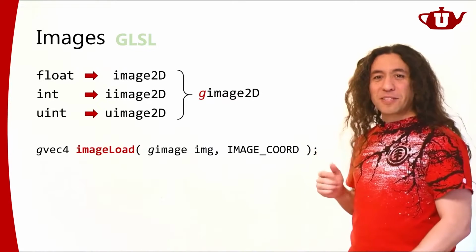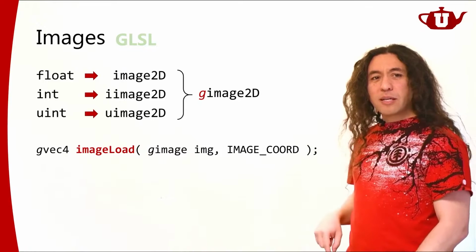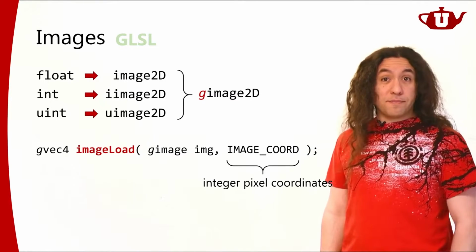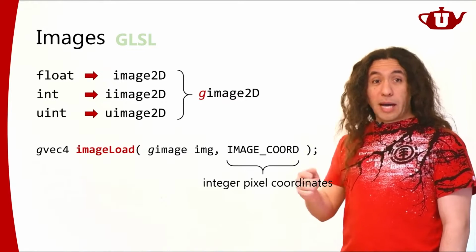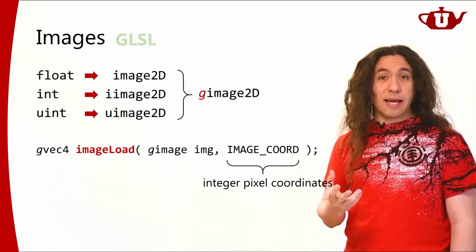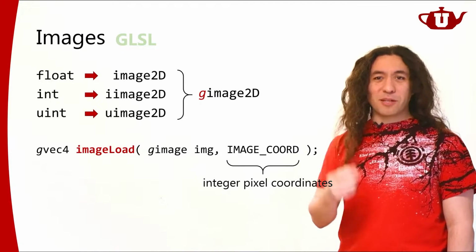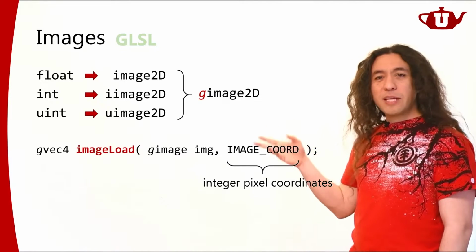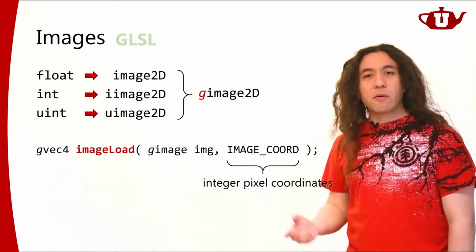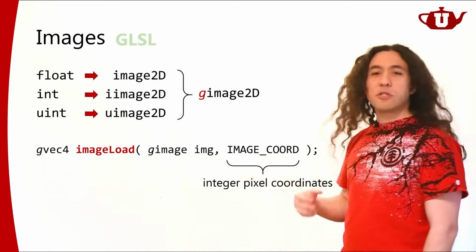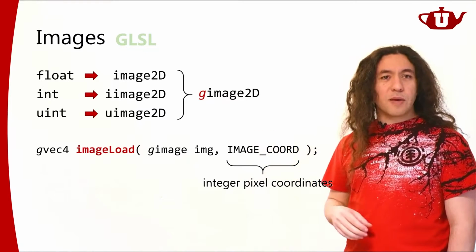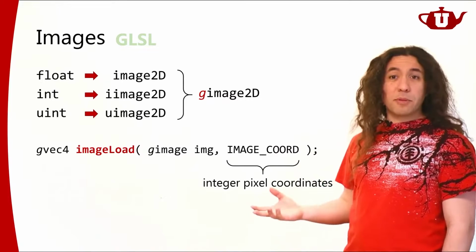So this image coordinate is going to be an integer pixel coordinate. I just basically say, I want this pixel, and I get that pixel. You just read a particular pixel. If it's a 2D image, you provide a 2D coordinate. If it's a 3D image, you provide a 3D coordinate. If it's a 1D image, you just provide one integer index, and that would be your pixel. Very simple.